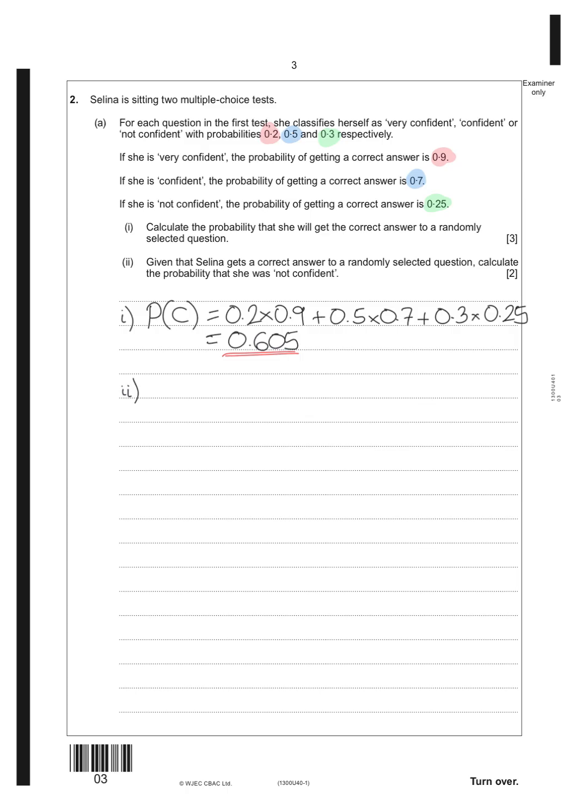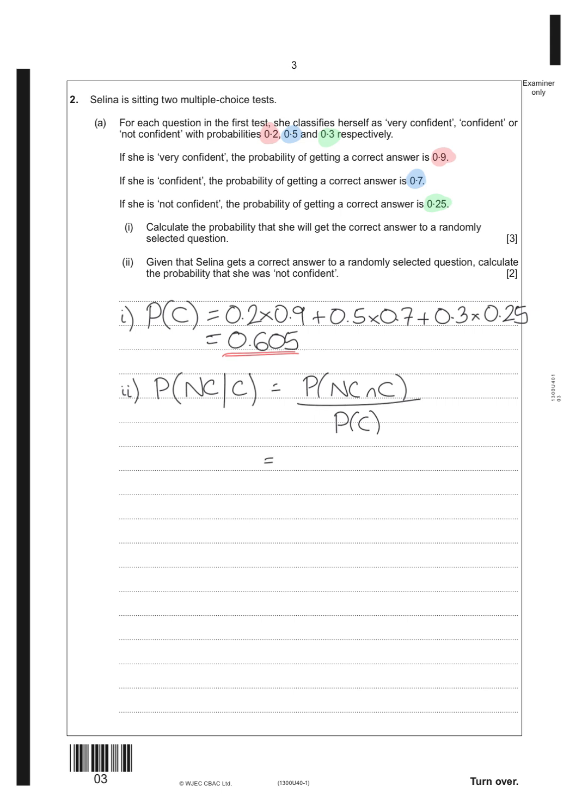Part 2, given that she got it correct, calculate the probability she was not confident. So we want the probability that she's not confident given that she got it correct. So that is going to be the probability of her not being confident and getting it correct over the probability of her getting it correct.